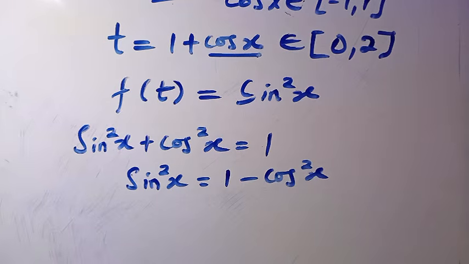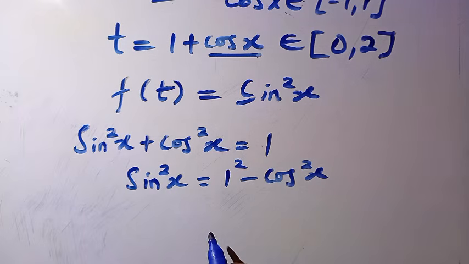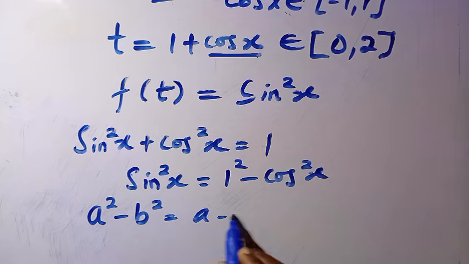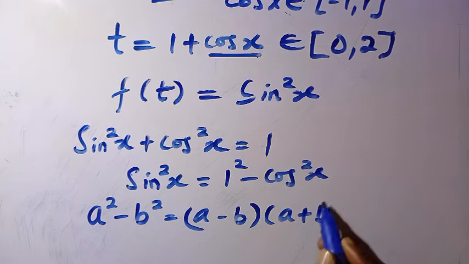And again, let's say this is 1 squared, and we have a difference of two squares here. This is 1 and this is cos x. From the difference of two squares, if you have a squared minus b squared, this gives us a minus b multiplied by a plus b.